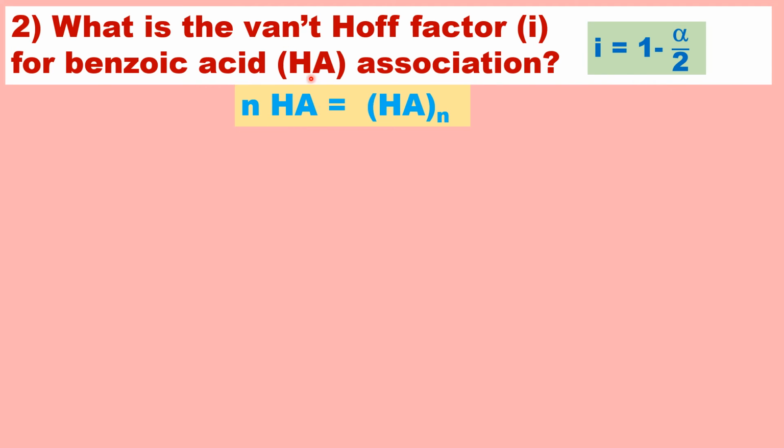For example, let us take benzoic acid as HA, and n times HA associates. If it trimerizes, then n equal to 3. If it dimerizes, n equal to 2.